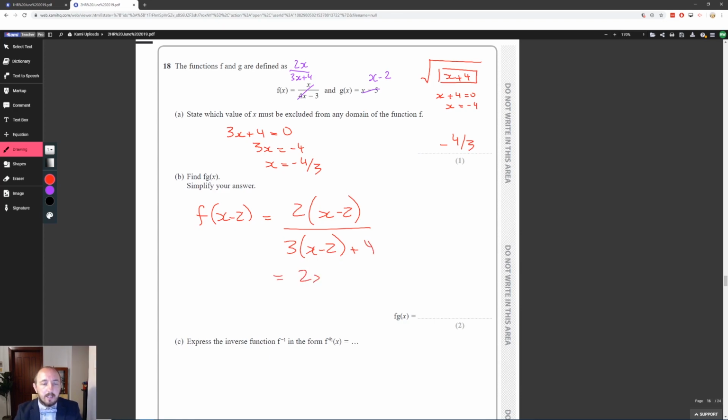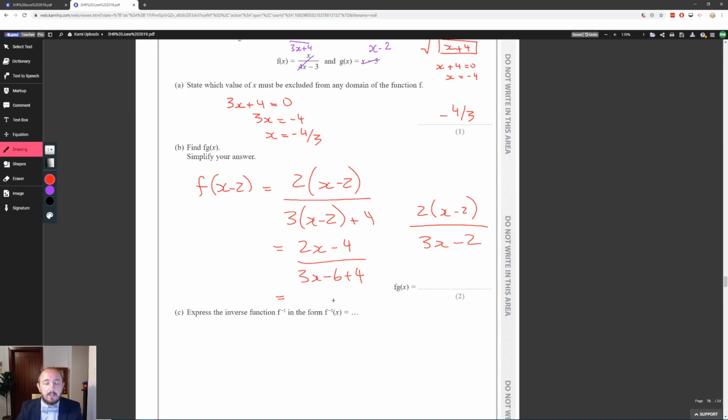So we've got 2x minus 4 over 3x minus 6 plus 4, which equals, well, actually we'll probably leave the top factored, so it's going to be 2x minus 2 over 3x minus 2.